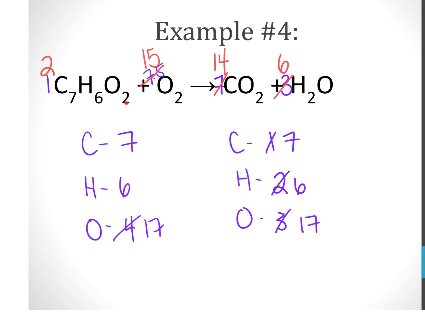Okay. We have 2 times 2, which is 4. And what's 15 times 2? 30. So 34 total oxygens. What's 14 times 2? 28. And this 6 carries over, so it's 28 plus 6. 34. Are we balanced?